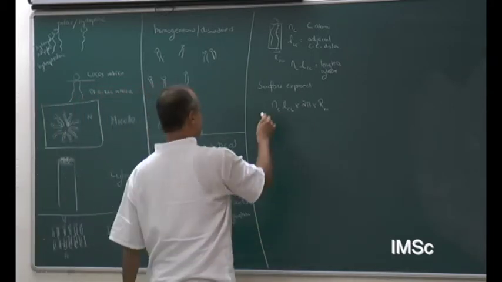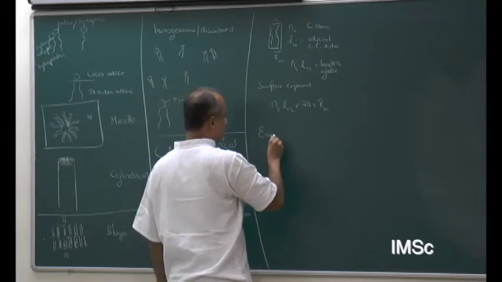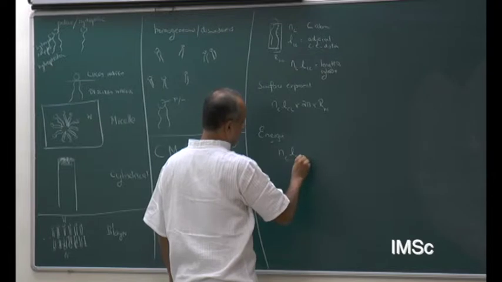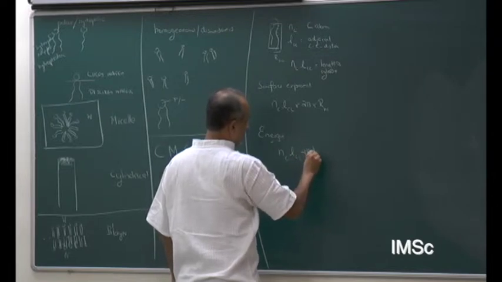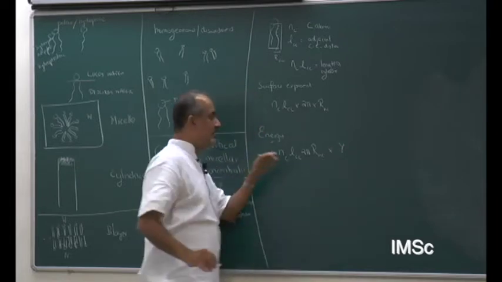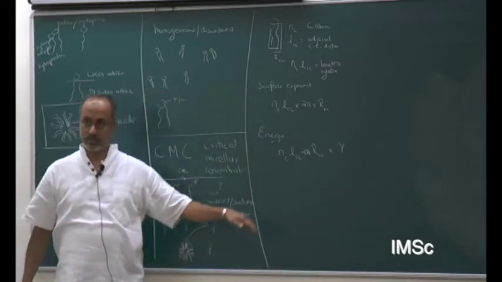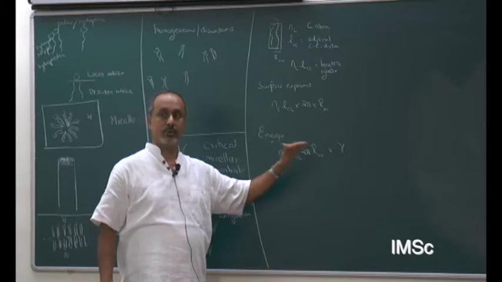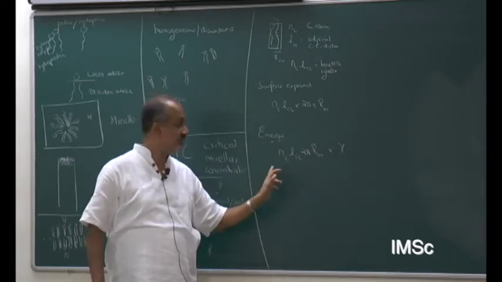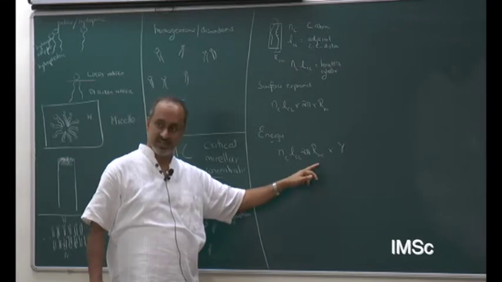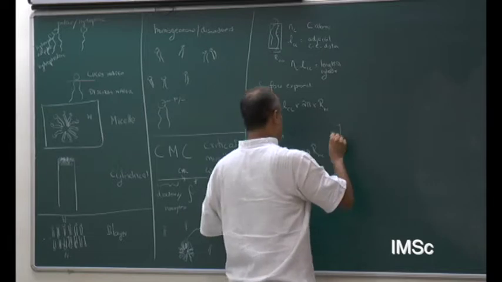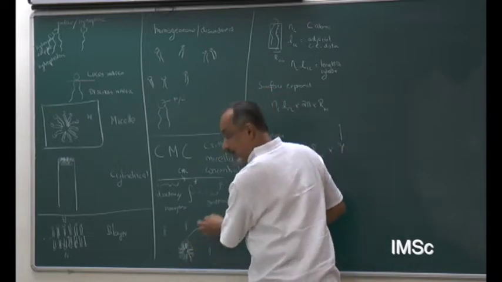So if this is the surface exposed, the energy is obtained by taking the surface exposed, Nc Lcc 2 pi r_hc, and multiplying it by some energy per unit surface, or force per unit length. This is a surface tension which comes from exposing the hydrocarbon tail to water outside.